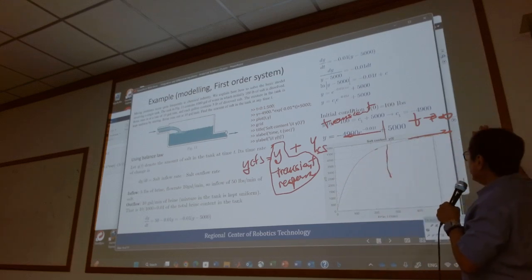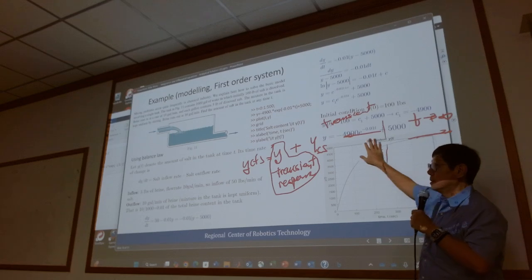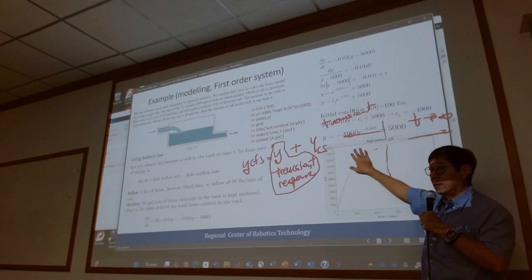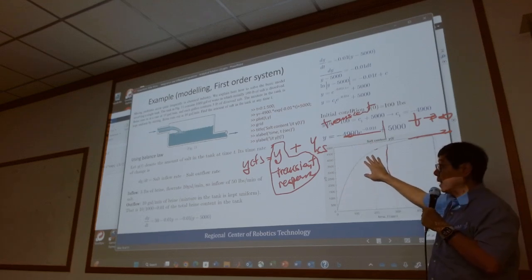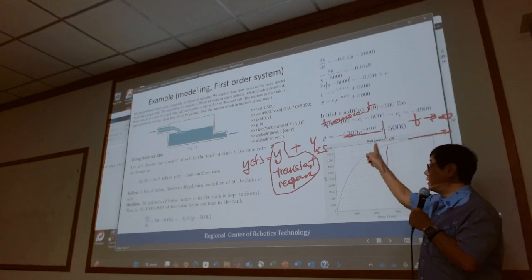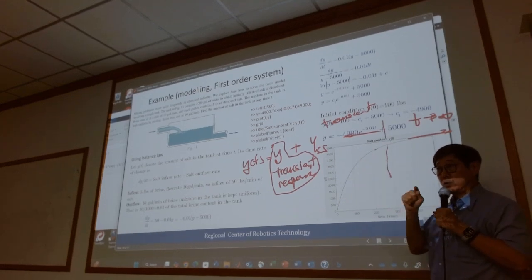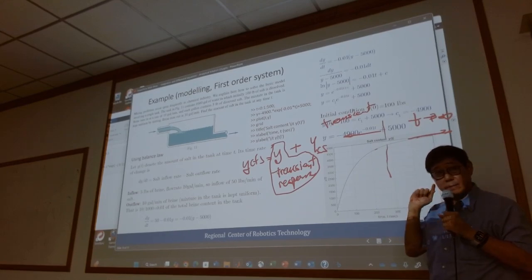If you approach infinity, no function of t. So this is called transient, and it's characterized by the time constant. Whether the transient is fast or not, you look at tau.